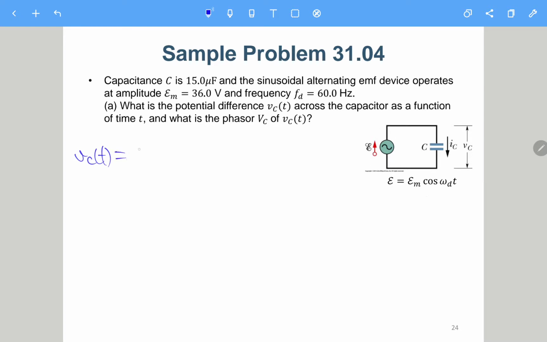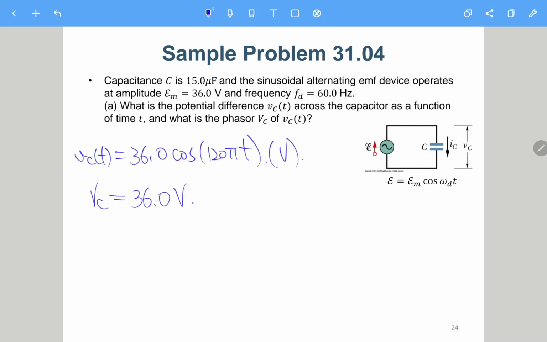So V_C is of course the same expression as the previous one. And because the time domain function is the same, the phasor V_C is also the same, which is nothing special here.